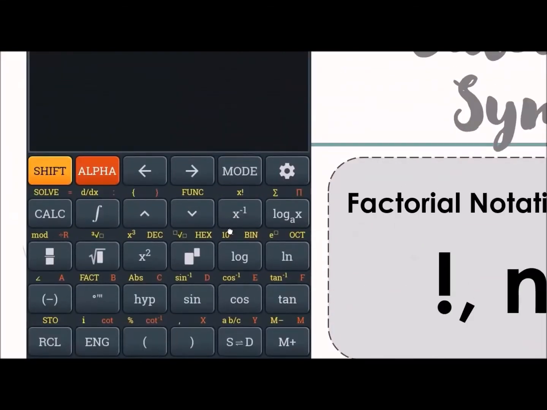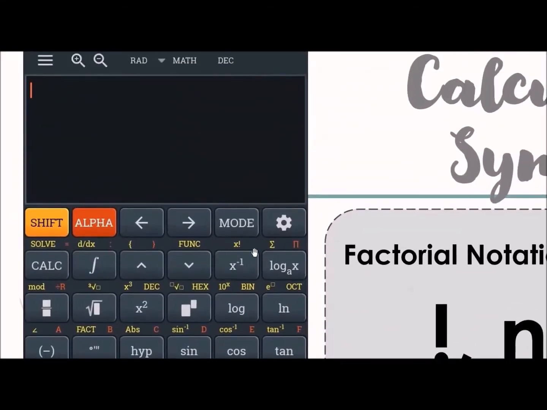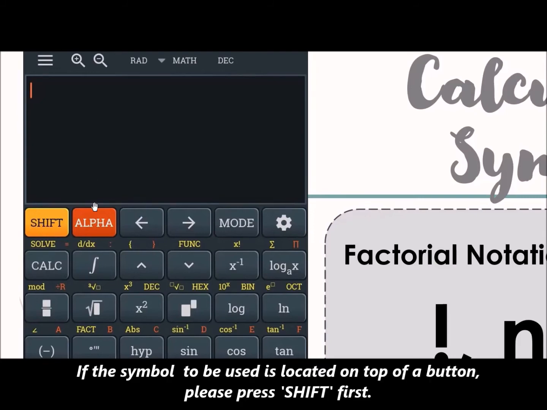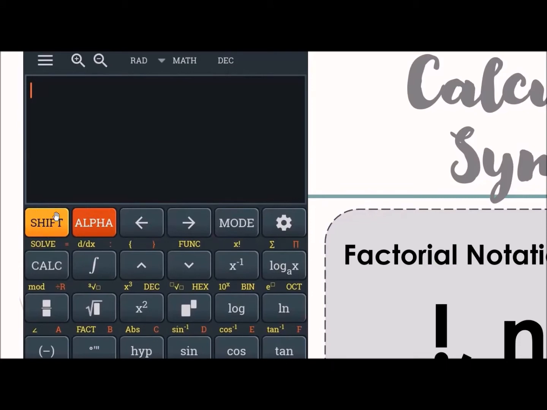As you can notice, here it is. This x factorial is on top of the x raised to -1 button, and it is colored yellow. Which means that when using a calculator, you need to press shift first, because yellow means that to use the function above, you must press shift first. We have different cases for our calculators. Just continue to explore it.